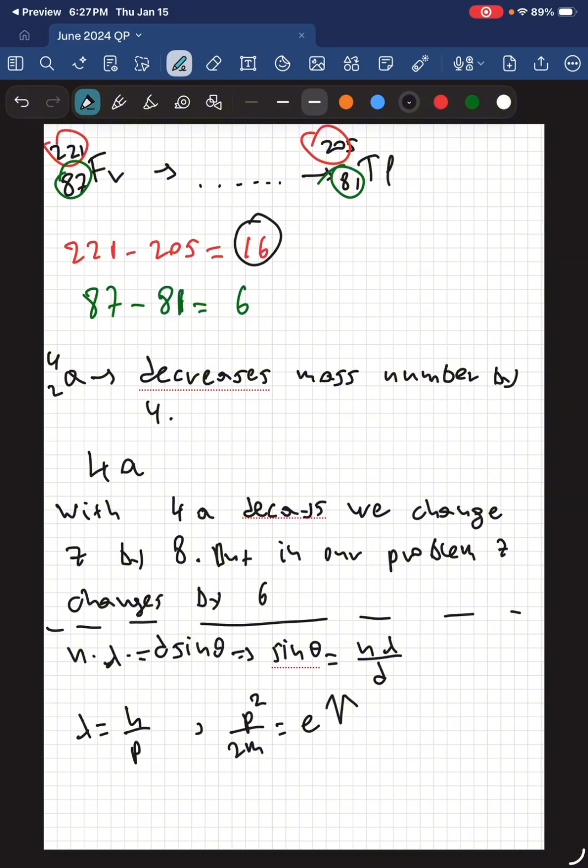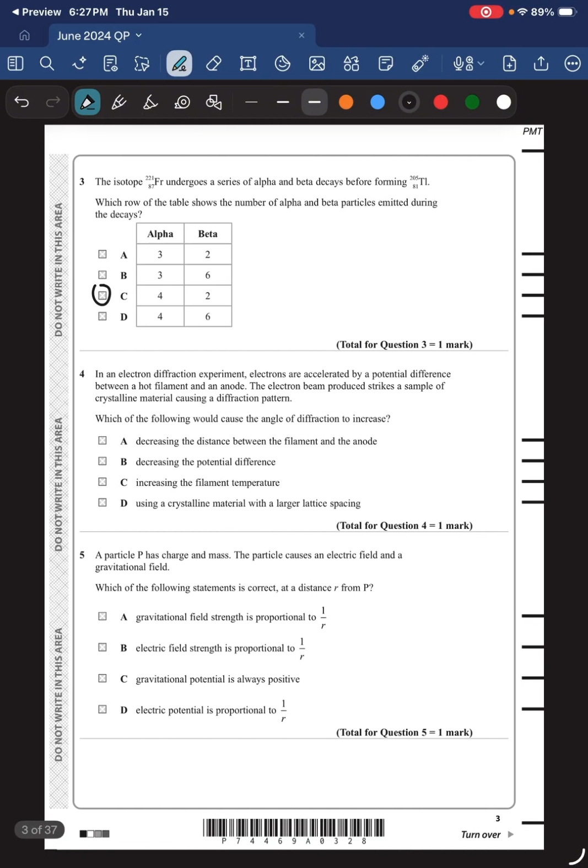So if we combine these two, we get that lambda is h over the square root of 2 times m times E times V, okay? So if V decreases, lambda increases, therefore theta increases, and the correct answer is B, okay?